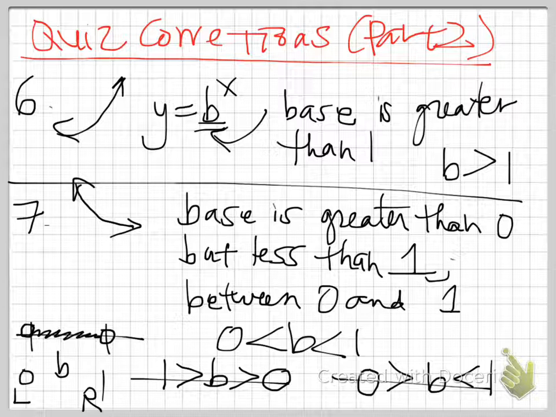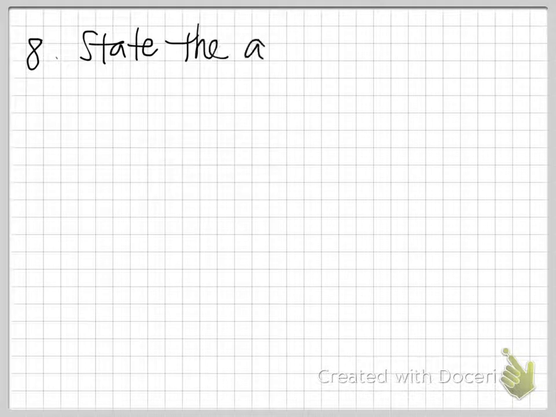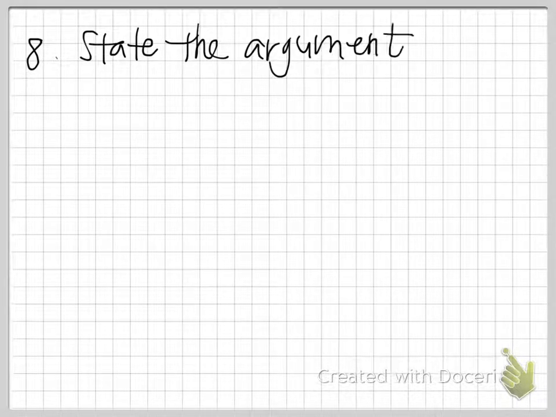Okay, so that deals with number 6 and 7. I'm going to clear that. All right, number 8, it says state the argument. Some of you guys read this wrong and you started to argue with me. That's not what I meant when I said state the argument. If you watch my other video, I'm not going to explain much because I already explained it there.